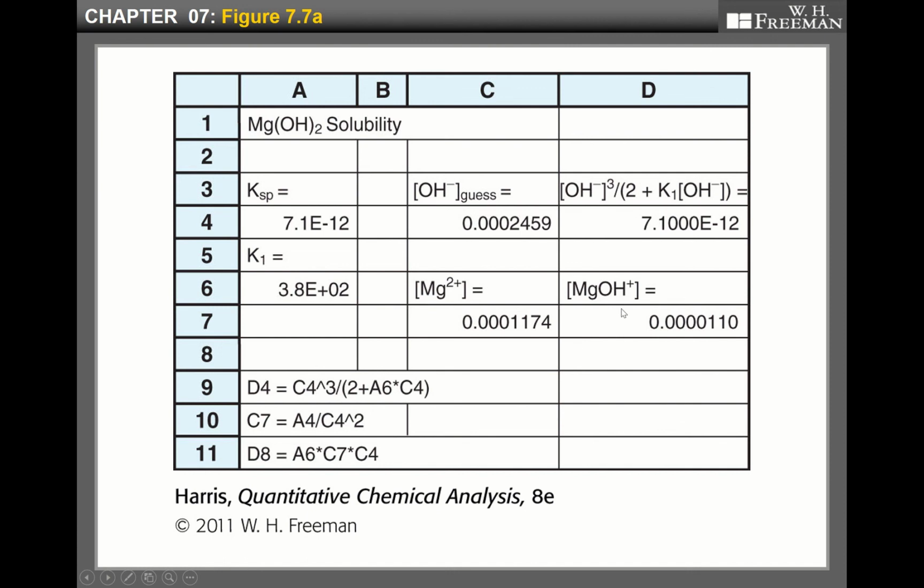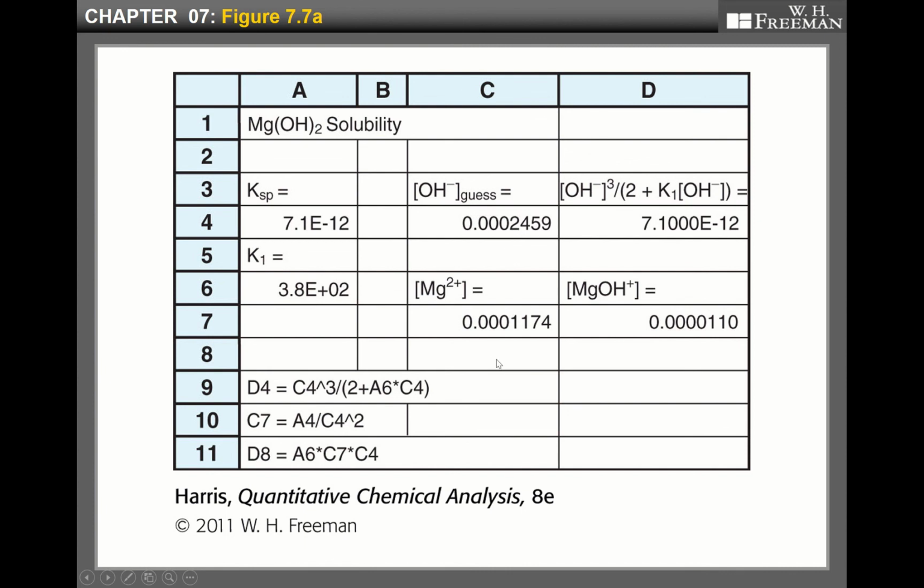You run goal-seek, and goal-seek runs by changing this guess until the value from this equation is the same as this Ksp. Then it will stop. The final solution is this one. This is the true solution.